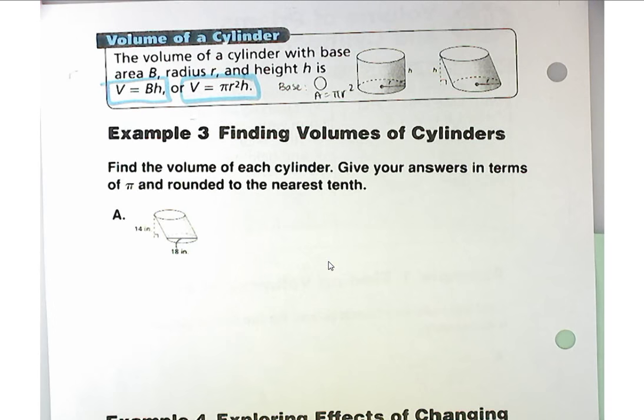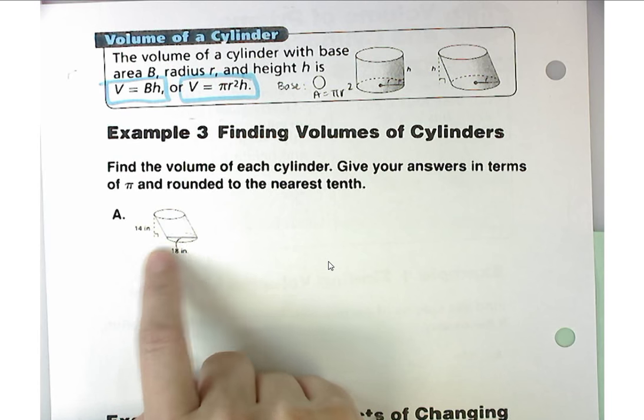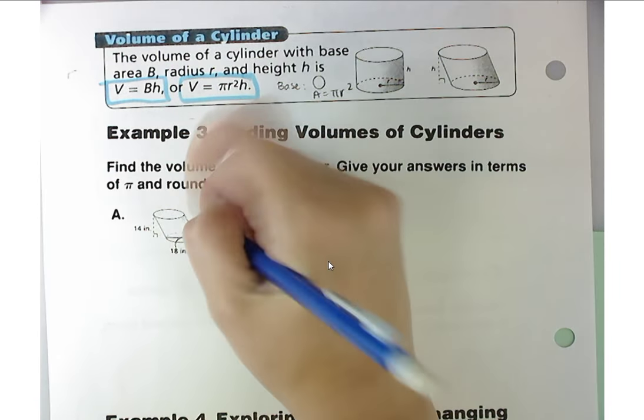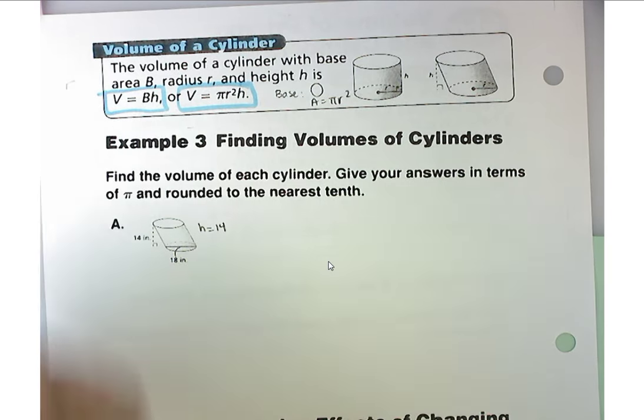Alright, so then we're going to find the volume of this cylinder below, and then we're going to give our answer both in terms of pi and rounded to the nearest tenth. So remember that your height is going to be marked with a right angle. So looking at this picture, I already know that my height is 14. And then, Jacqueline, what's my radius going to be for this?